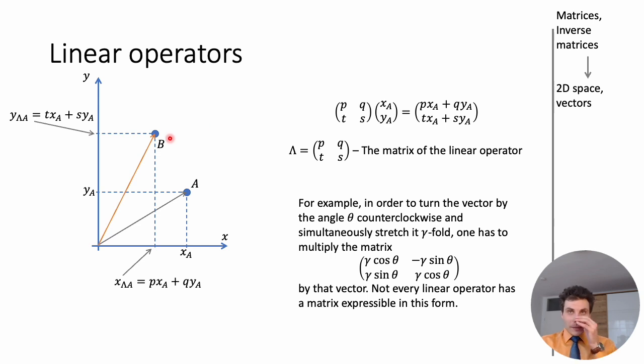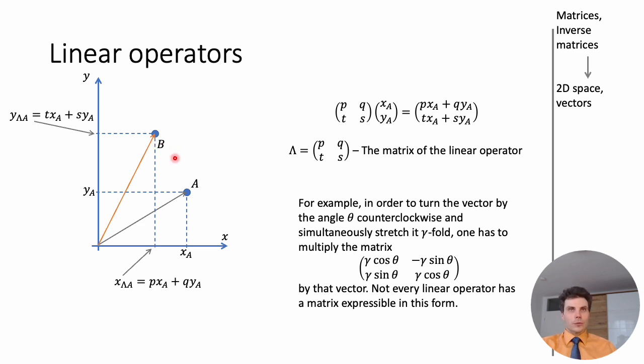So what is a linear operator? It's a transformation of the input vector A that satisfies the property of linearity that I introduced in the previous slide by definition. If you have an input vector A with the coordinates x sub A and y sub A, then its linear transformation is going to return a vector, first of all.